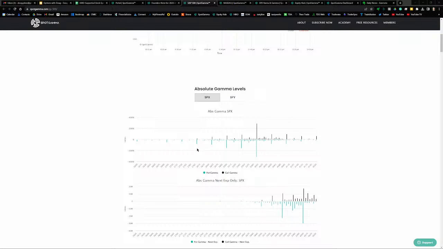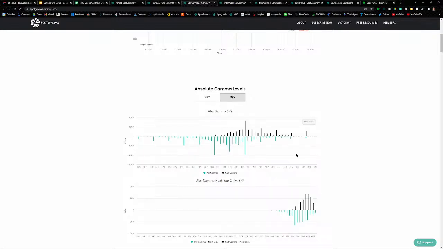All right, so 3,900 put wall, largest net negative gamma, 4,000 the absolute gamma strike, and then 4,200 the call wall, the strike with the largest net positive gamma. So that's SPX. Here's SPY.